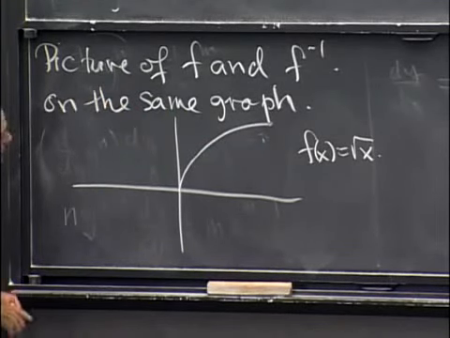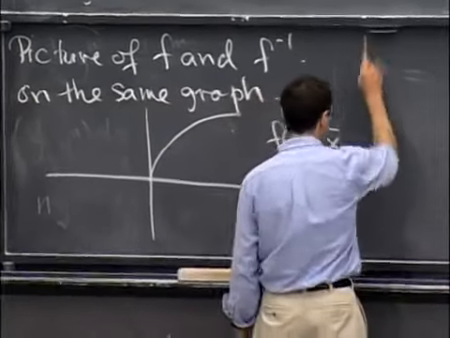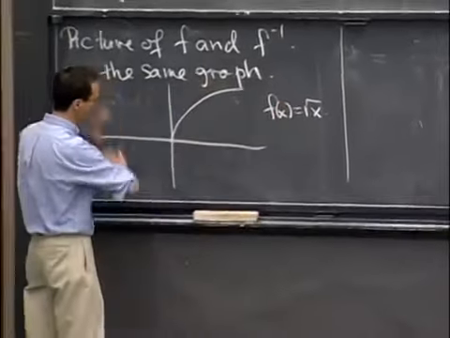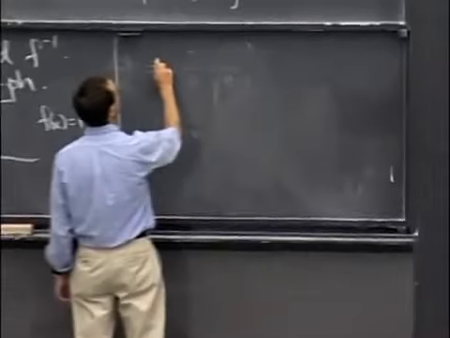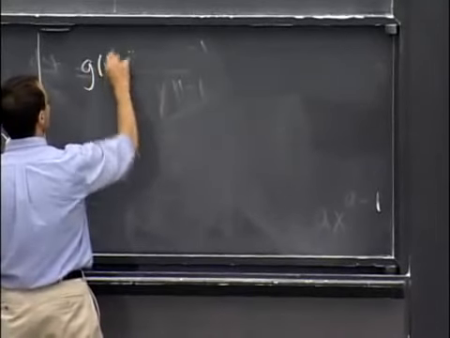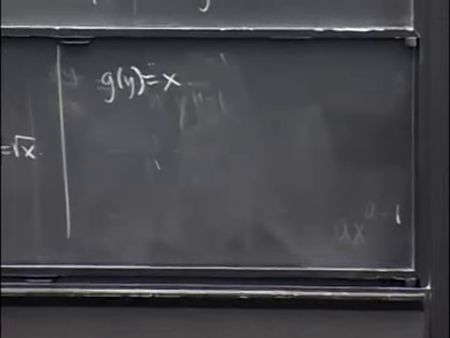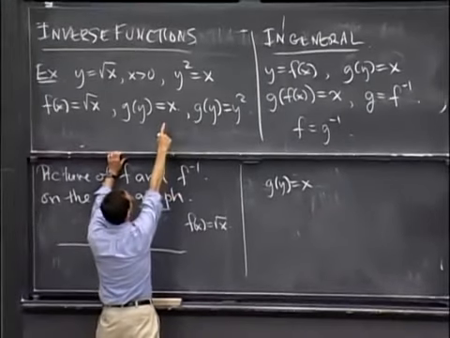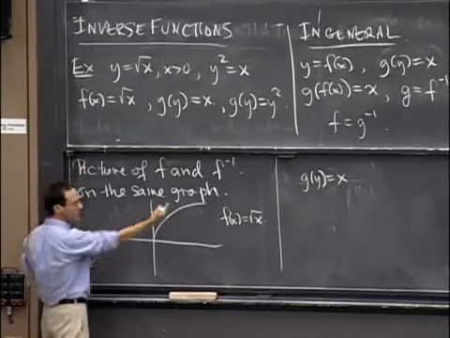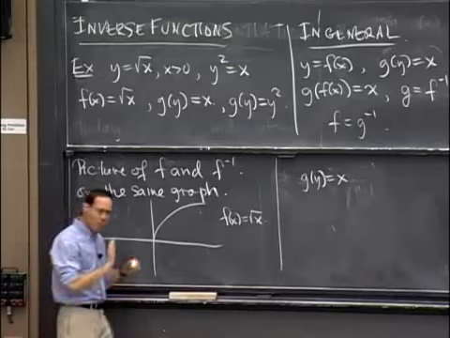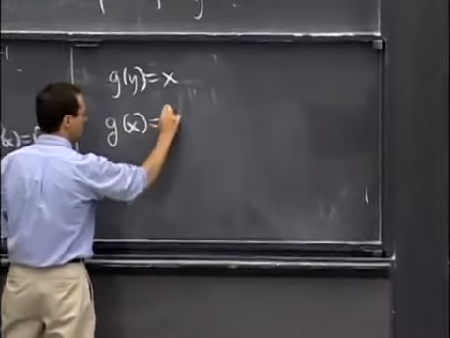And now, in order to understand what g of y is, let's do the analysis in general, but then we'll draw it in this particular case. If you have g of y is equal to x, that's really just the same equation, right? That's y squared equals x. This is y equals square root of x. Those are the same equation. It's the same curve.